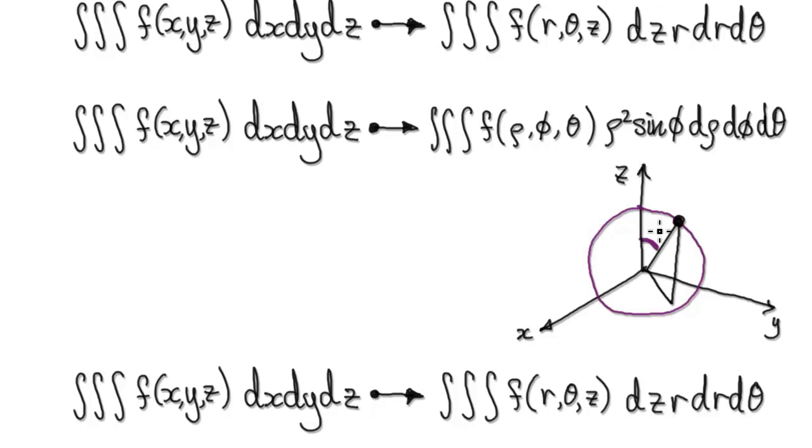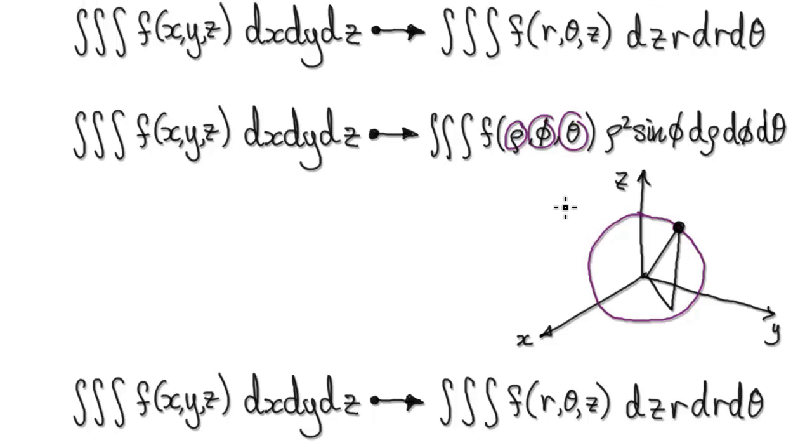So this angle here is phi. We would specify the angle phi, and then we would specify the angle here, theta. So with these three arguments, we can reference any point in 3D space.